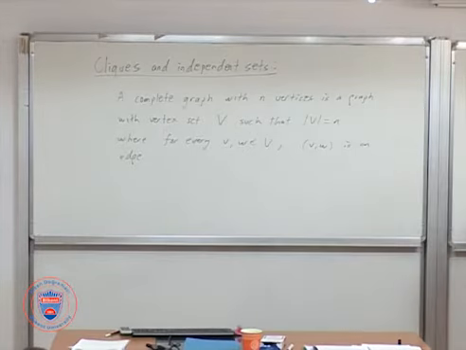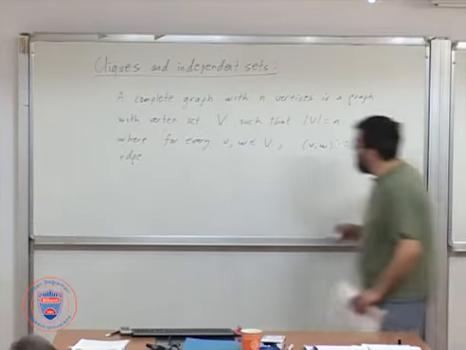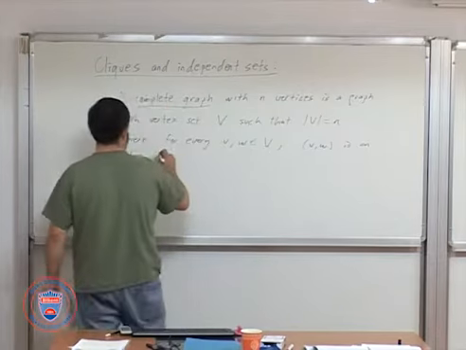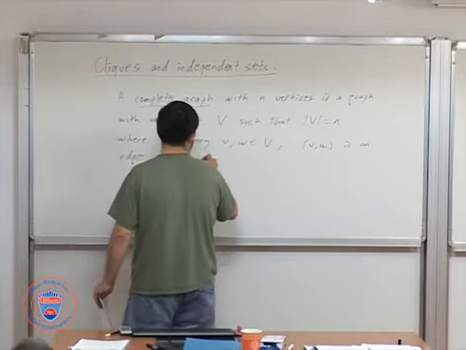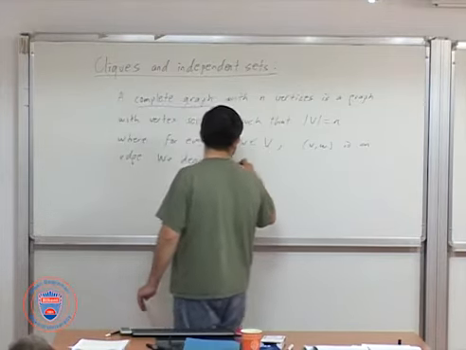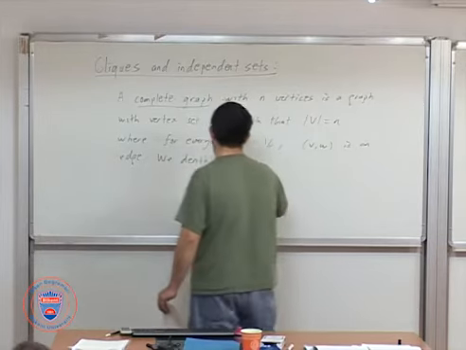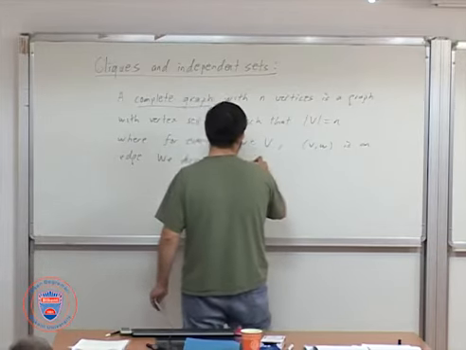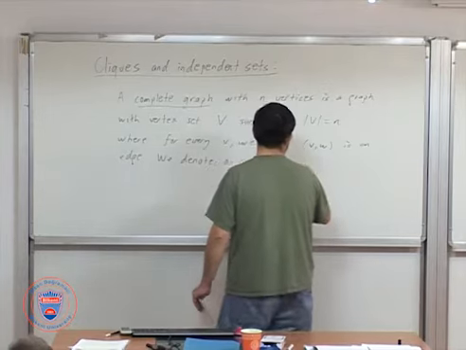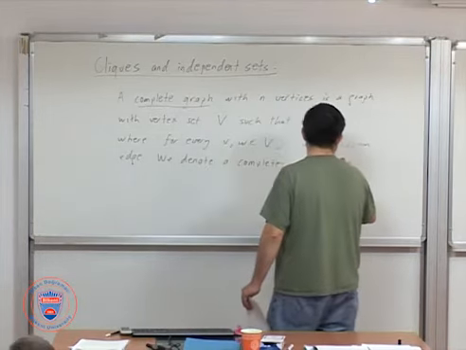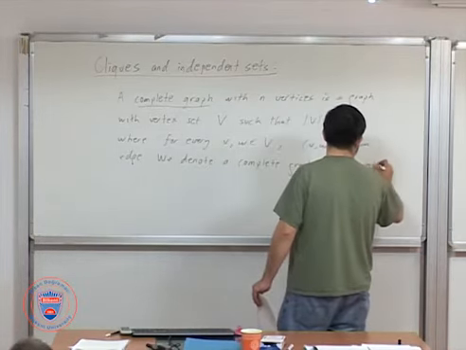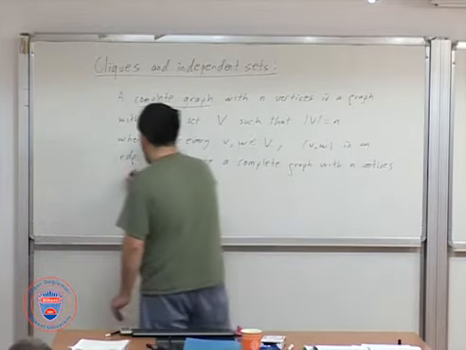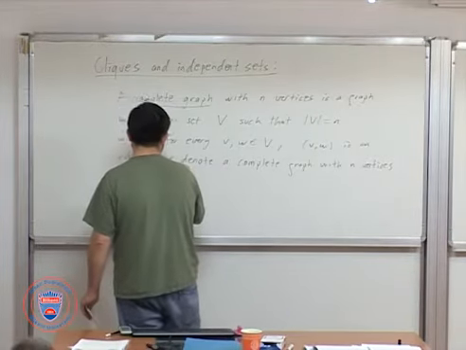Okay, so we denote a complete graph with n vertices by Kn.